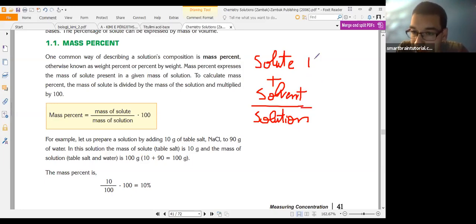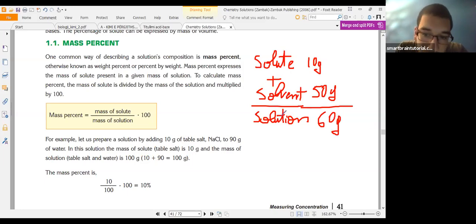So if we have, let's say, 10 grams of sugar and 50 grams of water, the solvent, the sugar will be the solute, the solvent is water, and the solution will be 60 grams, because the mass of solution is solute plus solvent. Okay, is it clear? Yes, it is.